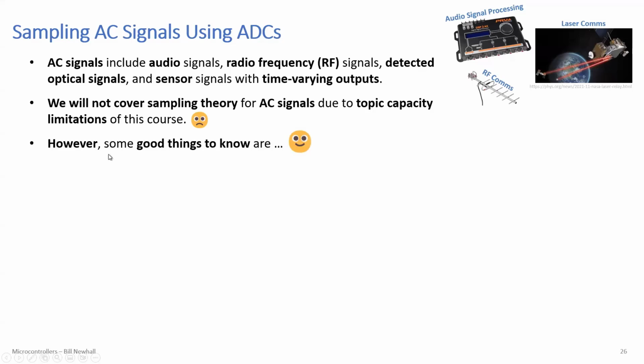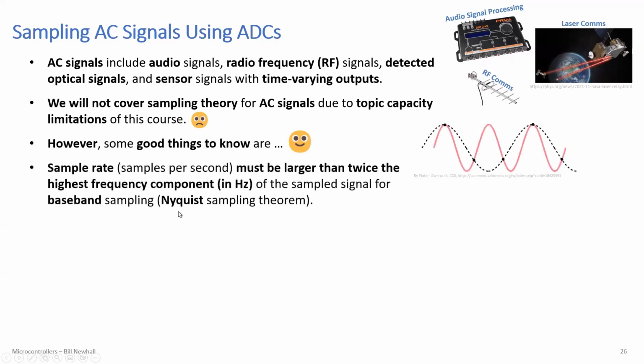Okay, so some good takeaways are this. You might have heard of the Nyquist sampling theorem, or Nyquist. Nyquist tells you at what rate you have to sample for a given AC signal. You must sample at least twice the highest frequency of the signal for what we call baseband sampling. And if you don't do that, you get aliasing.